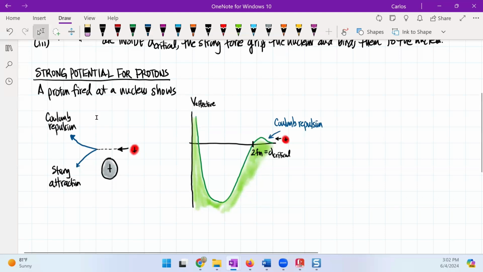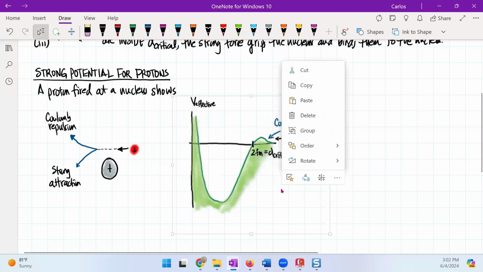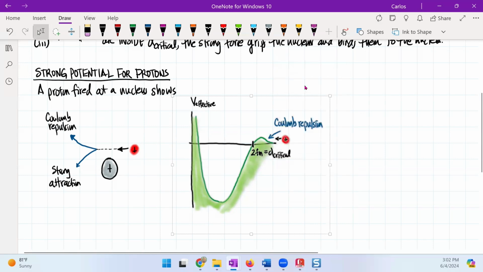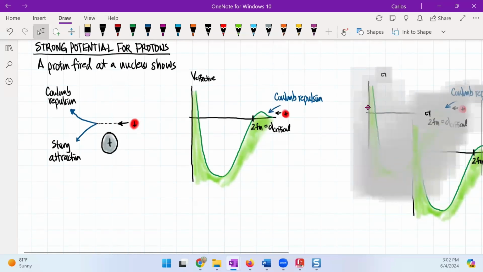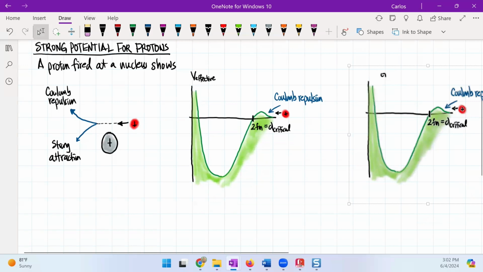I said I wanted to copy this because I'm going to need it later. In fact, I'm going to put it right here, and then I'll come back to it later on. Do I need this later on? I don't think I'm going to modify this, so I'll leave it there for right now. So now, what do I see?